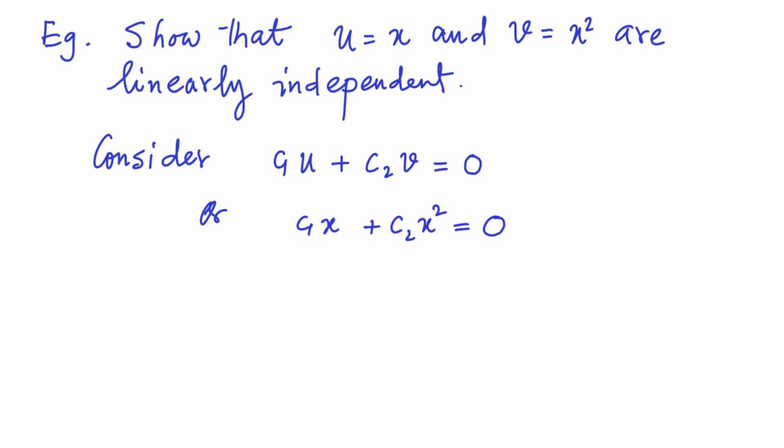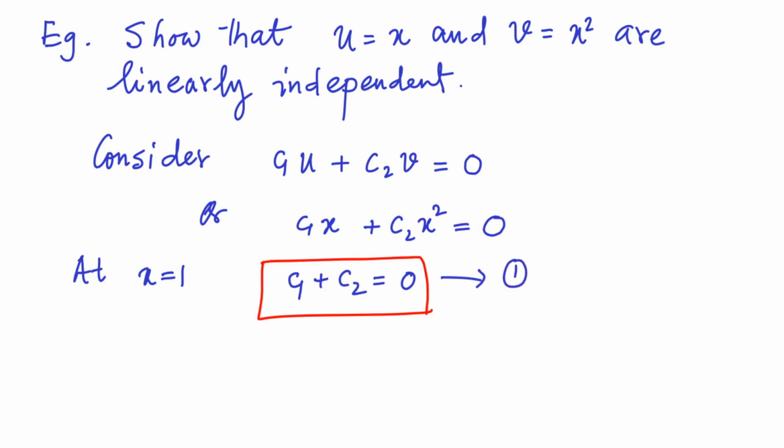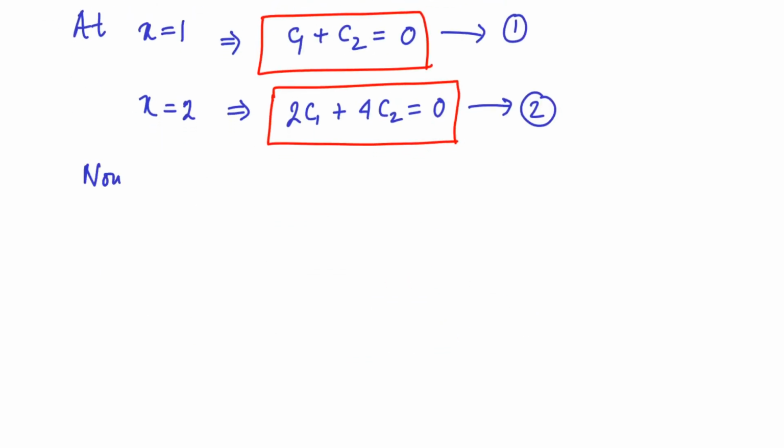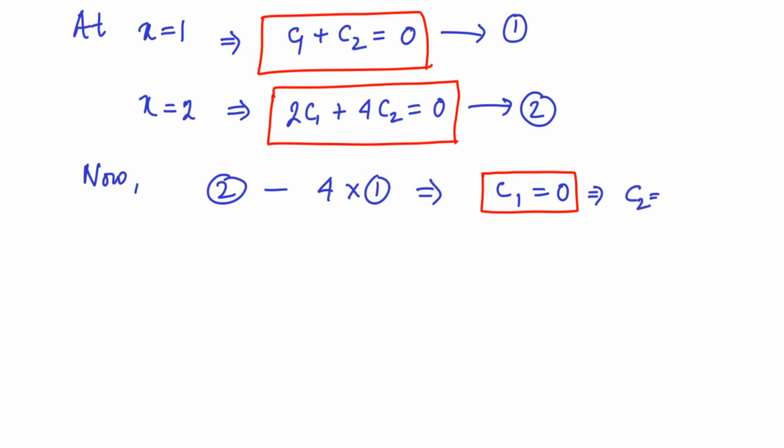Since this condition must be satisfied for all x, at x equal to 1 it implies c1 plus c2 equal to 0. At x equal to 2, it implies 2c1 plus 4c2 equal to 0. Now, if you solve using equations 1 and 2, it implies c1 equal to 0 as well as c2 equal to 0.